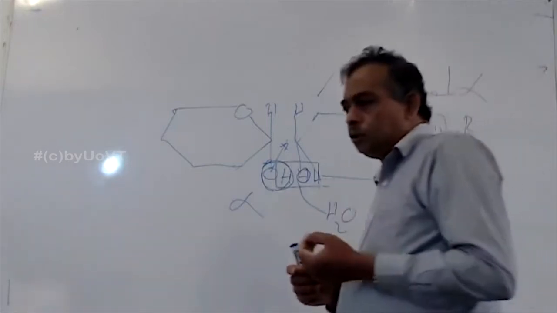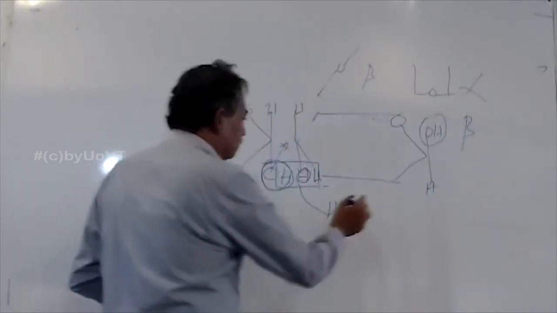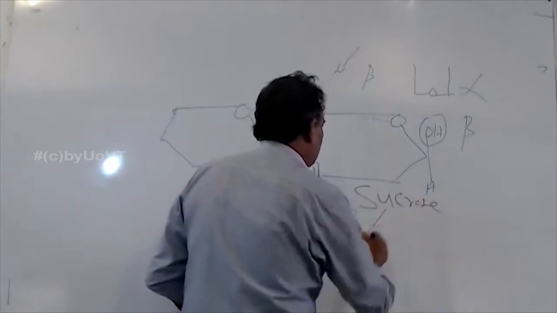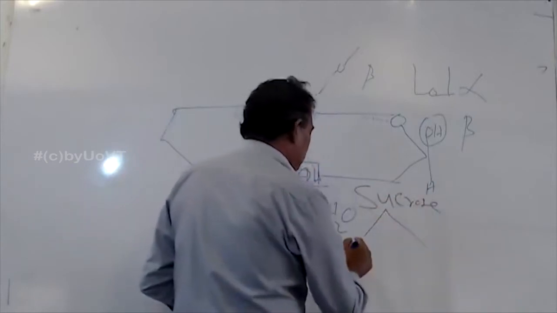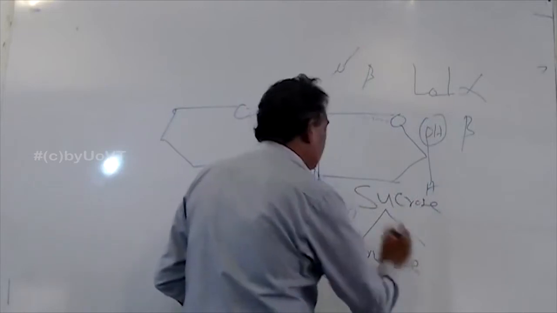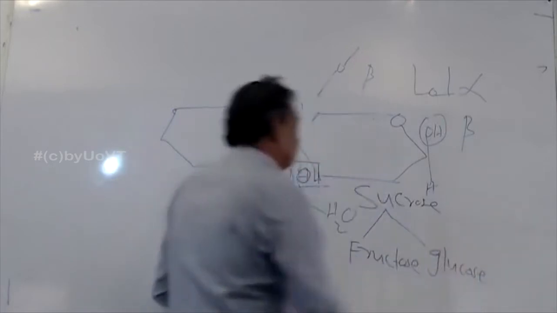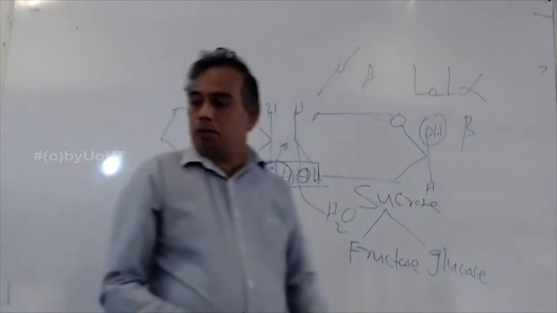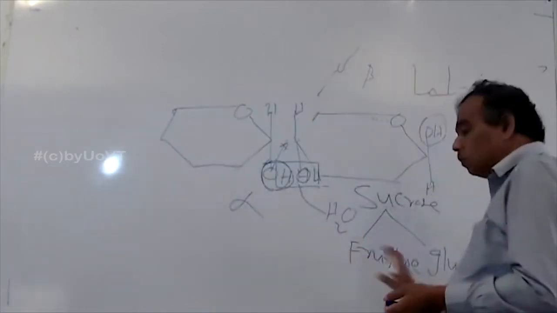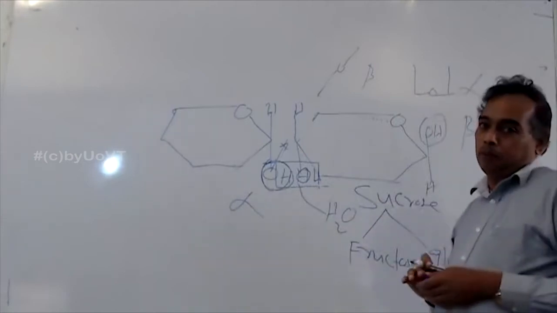So if we take sucrose, what are the monomers? For sucrose, the responsible monomers are fructose and glucose. So these are the two monomers of the sucrose molecule.